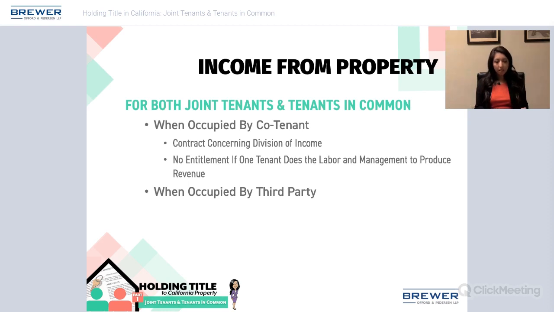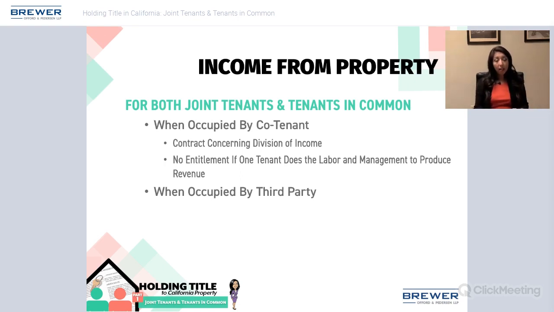But they each get an interest in the income from the property when it's leased out to a third person. If we're going more into the depths of whether the rancher only provides regular rent and then an income based on the amount of profits they received from the business, that is a contract that needs to be drafted for each and every individual situation.